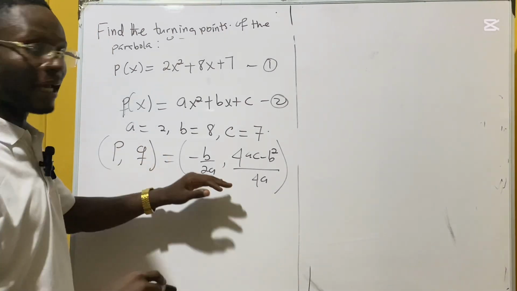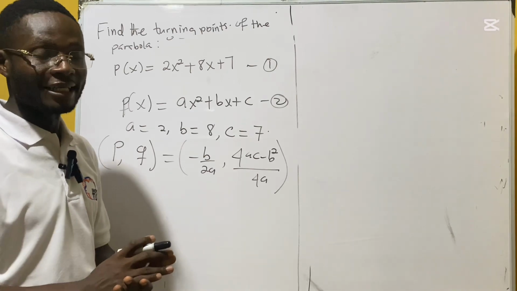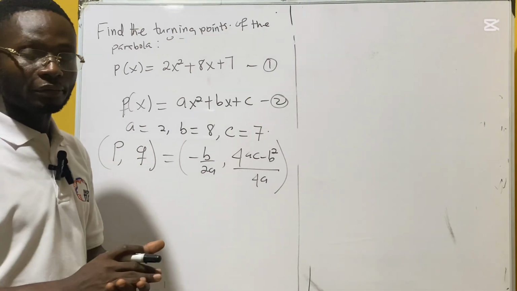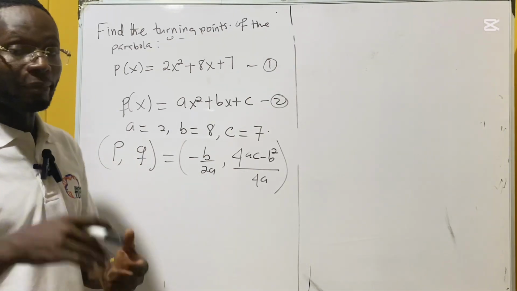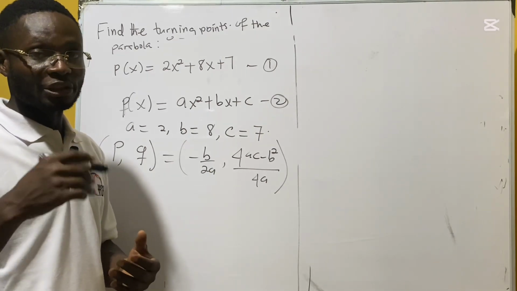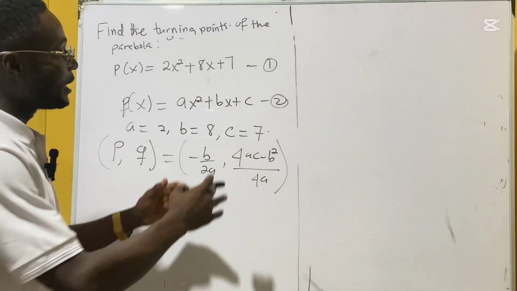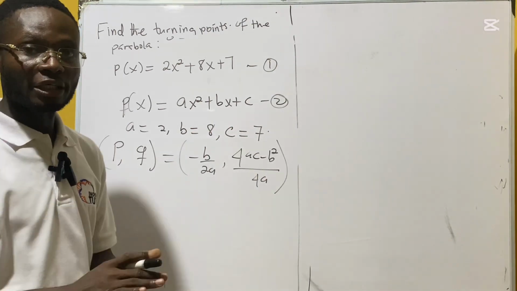So that is the turning point. So the turning point of a particular parabola is giving us p comma q equals minus b over 2a comma 4ac minus b squared over 4a. So once you have this formula down, the rest is computations, then you get your turning point.